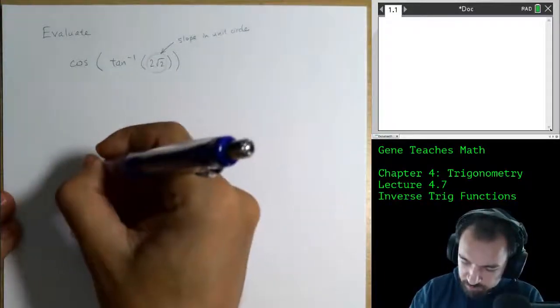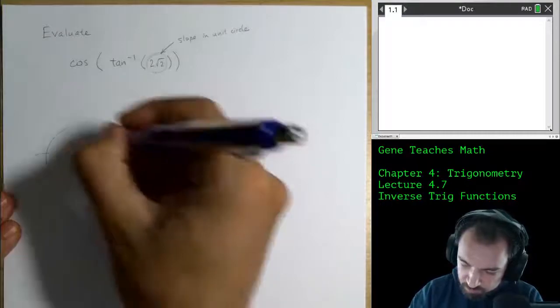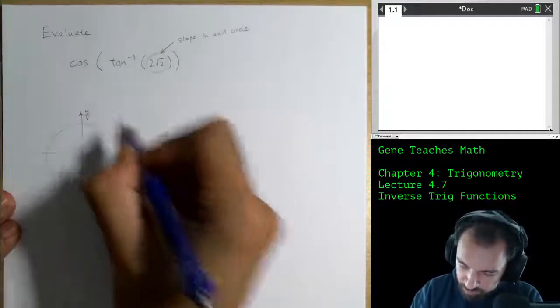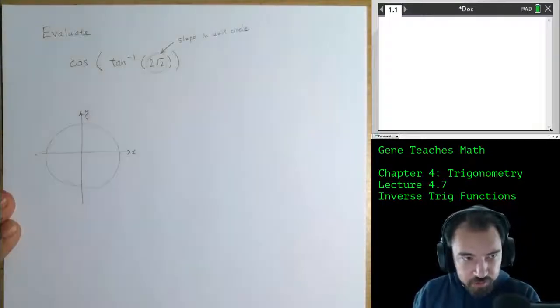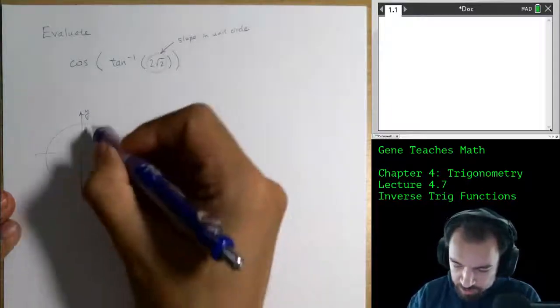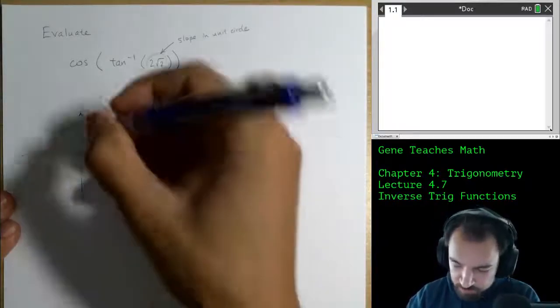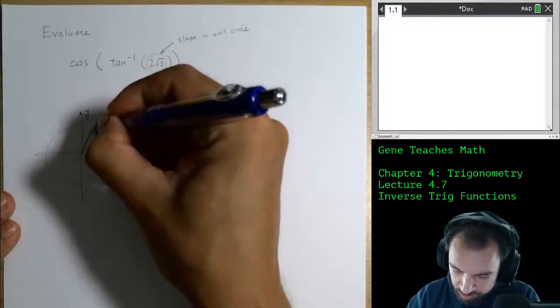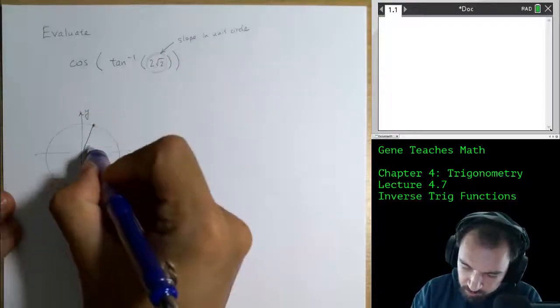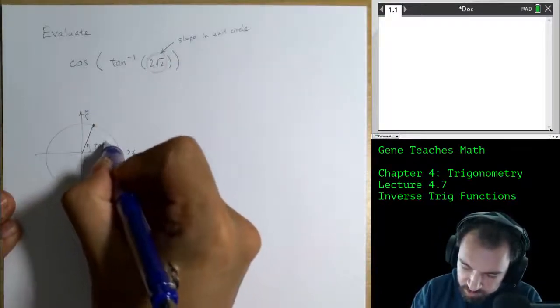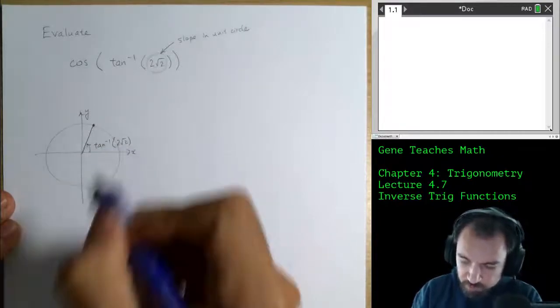Okay, so if I were to take this strictly from the unit circle perspective, and I say, I need my slope to be that number. That's a positive number, and I need to be in the right half of the unit circle. So perhaps there is some angle up here where that is tangent inverse of 2 root 2.